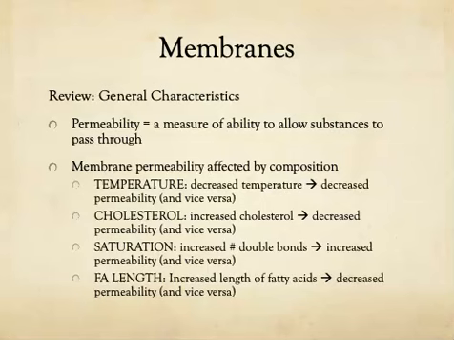Membrane permeability is going to vary from cell type to cell type, from organism type to organism type, from domain to domain. Membrane permeability is greatly affected by the structure of the membrane, by the types of phospholipids that are in the membrane, the amount of glycolipid, the amount of sterol.